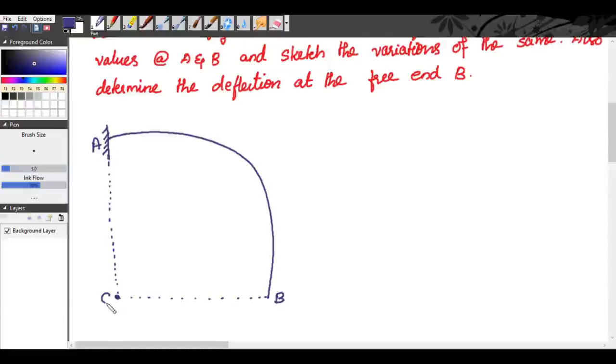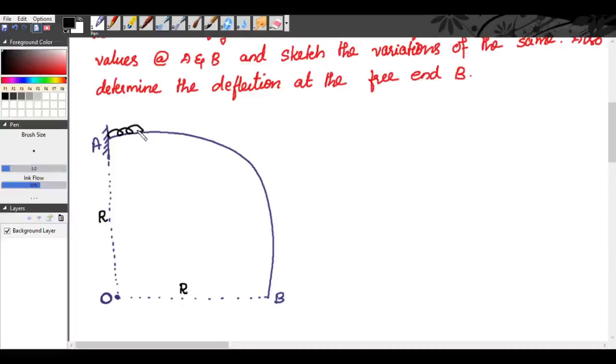We will take this point as O. If you keep O as center and radius equal to OA or OB, where OA is radius and OB is radius, and draw, you can get a circle. And this beam AB forms a quadrant of a circle.